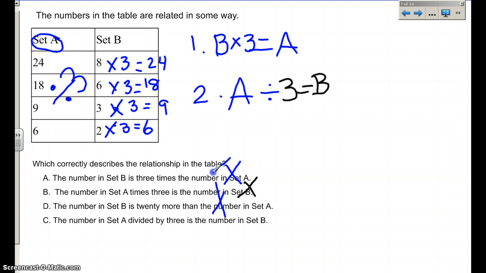So this last choice, the number in set A divided by 3 is the number in set B. So A divided by 3 equals B. So the correct answer is the last choice, which should be D, but it's C. But we still know that that is the correct answer. Right there. It says C. The number in set A divided by 3 is the number in set B.